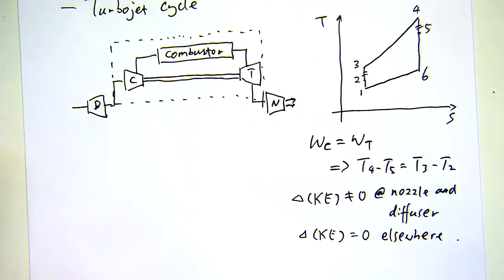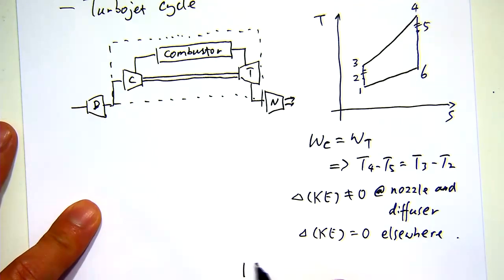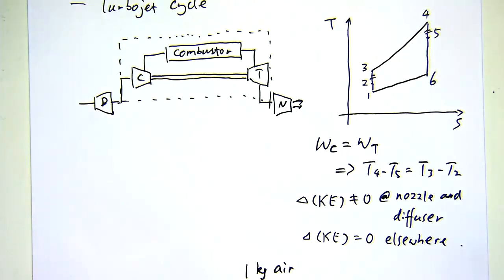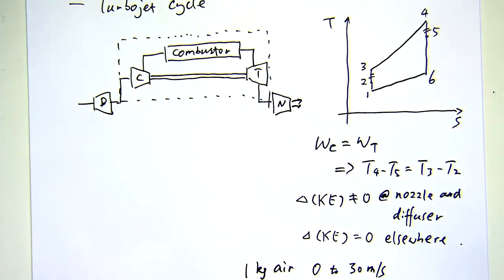In fact, if you do a quick estimate, for example, if you have 1 kilogram of air, and you change the velocity from 0 to 30 meters per second, that's a pretty fast speed for our daily life. Converted to kilometers per hour, it's about 108 kilometers per hour. That's as fast as you can drive legally on the highway, right?